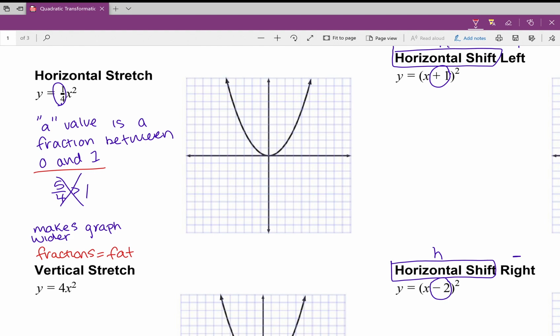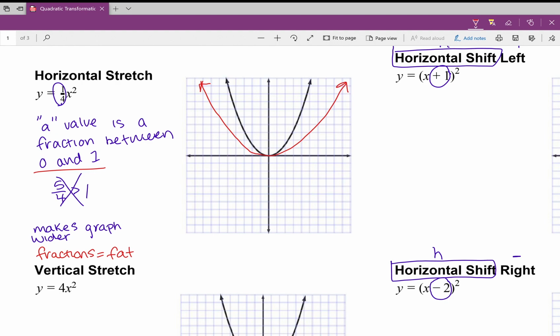Okay, so if it makes it fatter, it makes it wider, then it's going to look something like this. Our graph is now wider than our parent graph. It got stretched out.